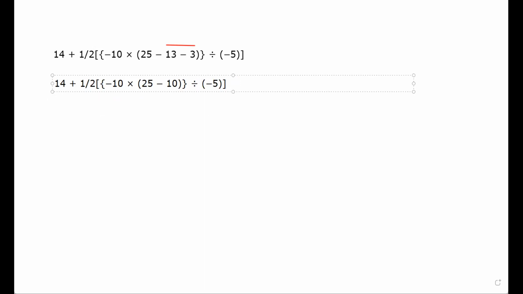We have to clear this small bracket, which is written 25 minus 10. So we have to write the same question again, which is very simple.